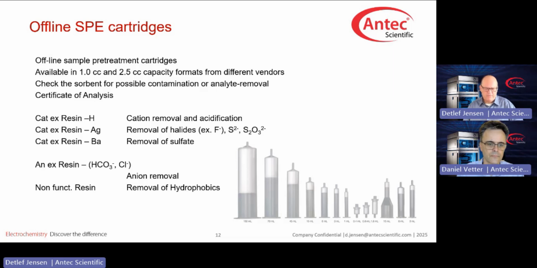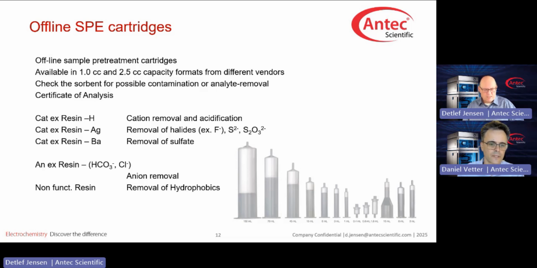So for example, you could have polymeric cation exchangers in these cartridges filled with an acidic cation exchanger. What you do is you remove cations and acidify the sample without the addition, by the way, of any chemical to the sample. You just treat it with the resin.